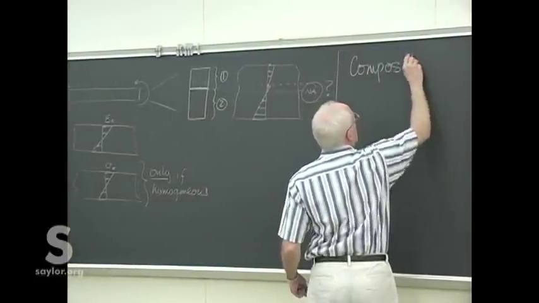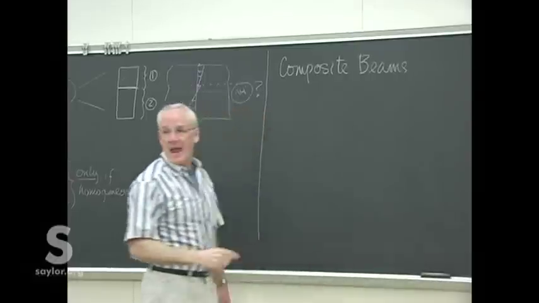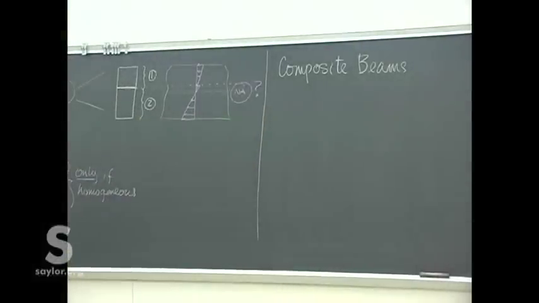For a design of composite, remember, prismatic beams. Prismatic is that deal where it's symmetric about the y-axis. So we have this beam.